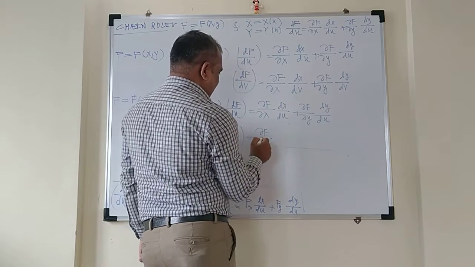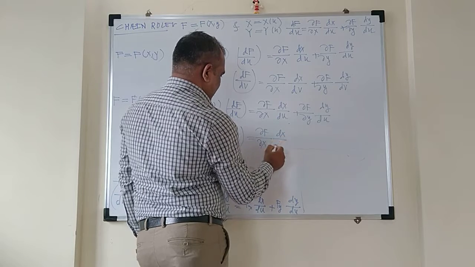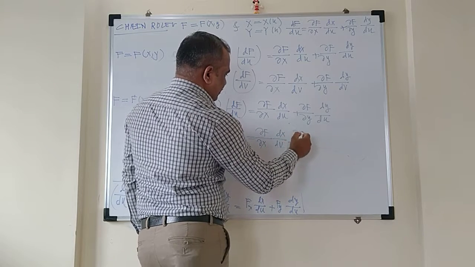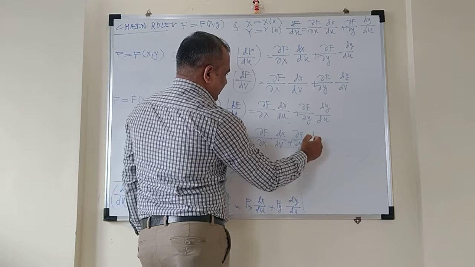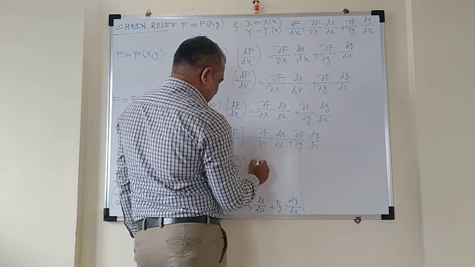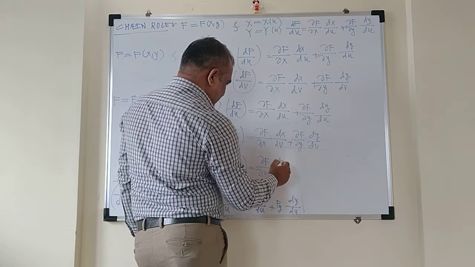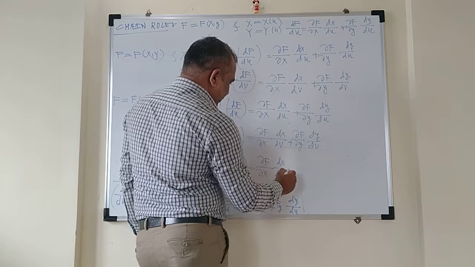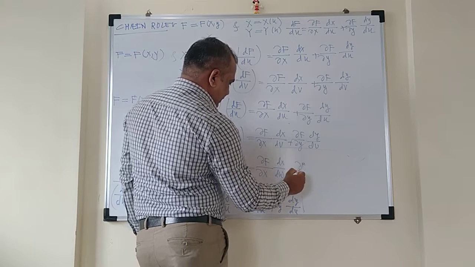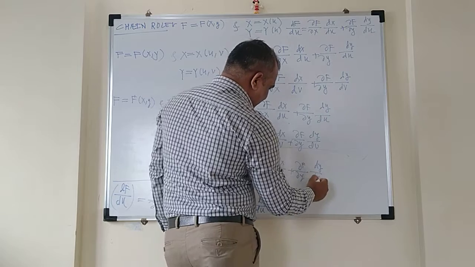Similarly, dou f by dou x into dx by dv plus dou f by dou y into dy by dv. Similarly, for the third case, dou f by dou x into dx by dw plus dou f by dou y into dy by dw.